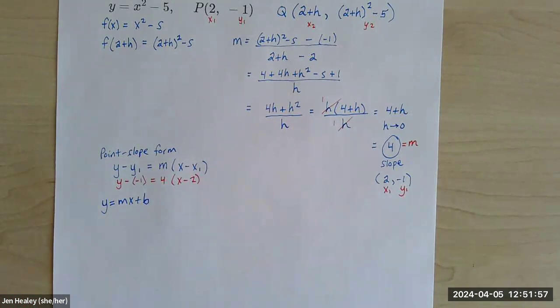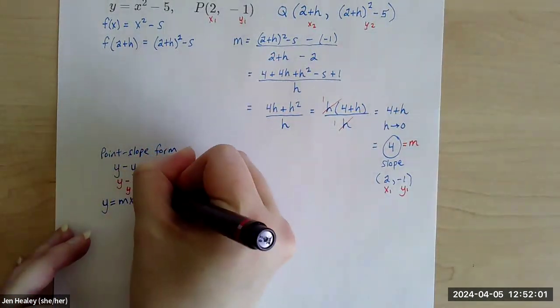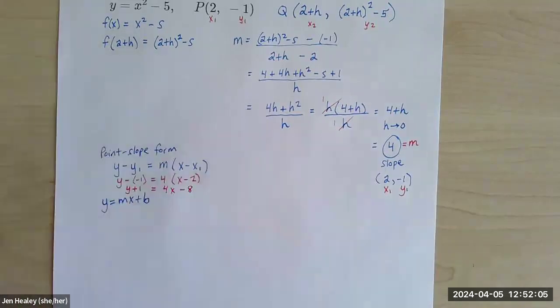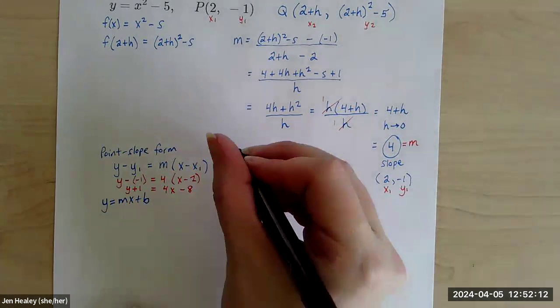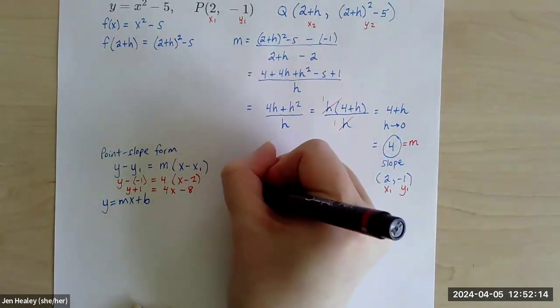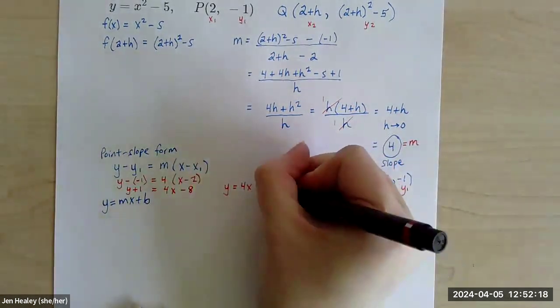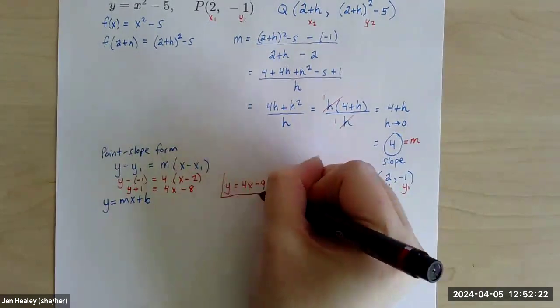So you would say that y plus 1 is equal to 4x minus 8. To write that in slope-intercept form, you would just subtract that 1 from both sides. So we'd have y is equal to 4x minus 9. That's one way to do it.